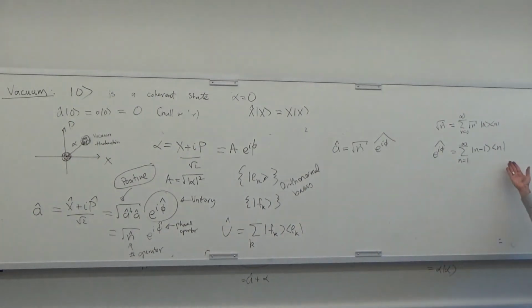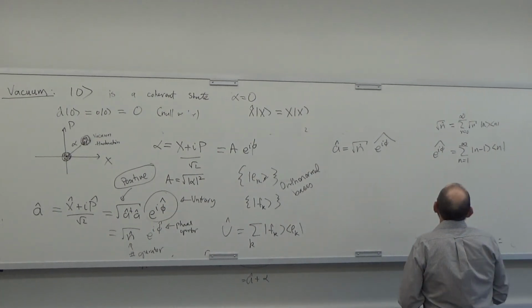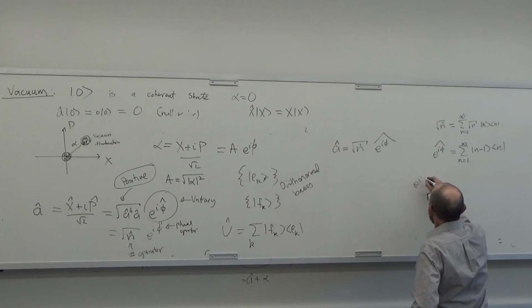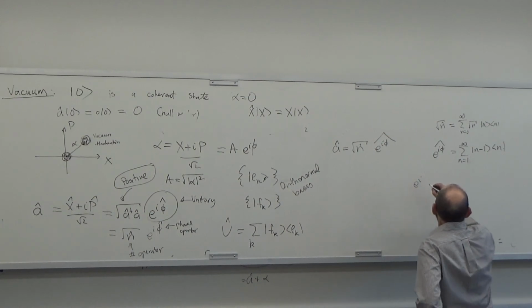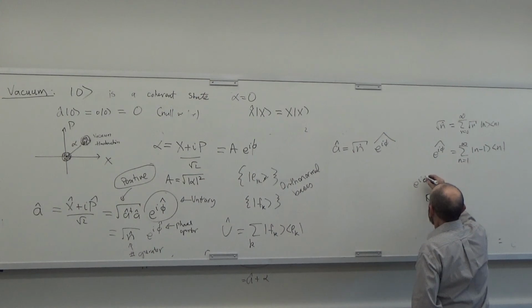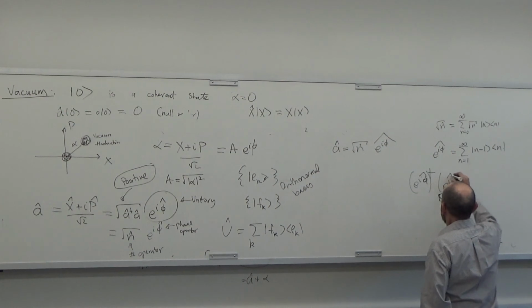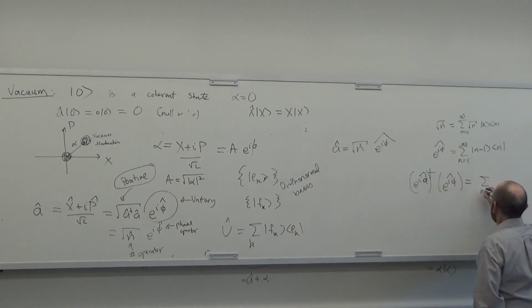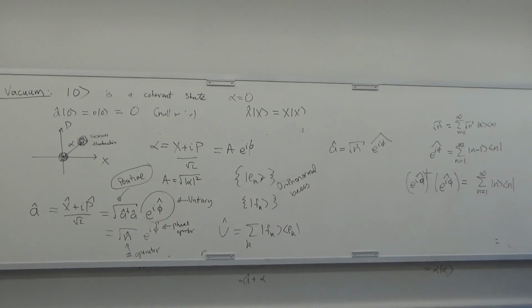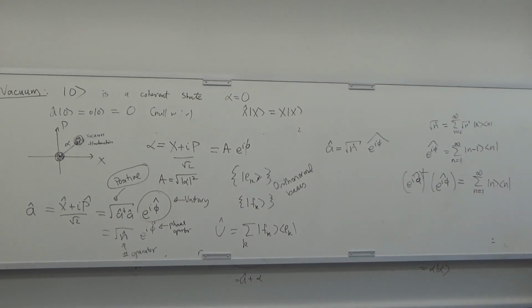Now this looks kind of like that. But there's a problem, which is the n minus 1, right? If I look in particular at this, is this the identity?